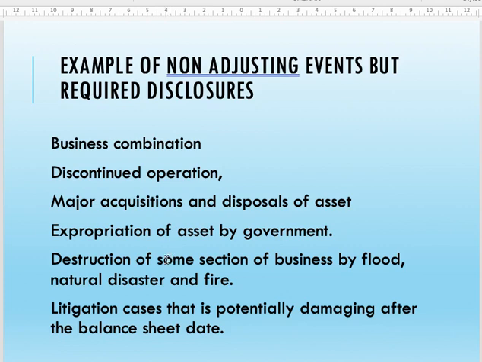Alright, this is an example of a non-adjusting event, where you don't have to adjust your financial statement, but merely show it in the notes to the accounts. If there is any business combination, discontinued operation, major acquisition and disposal of assets, expropriation of assets by government, destruction of some section of business by flood, natural disaster and fire, and litigation cases that are potentially damaging after the balance sheet date.